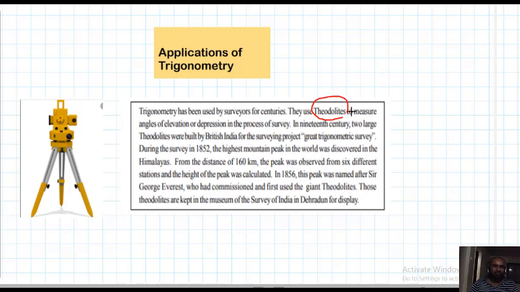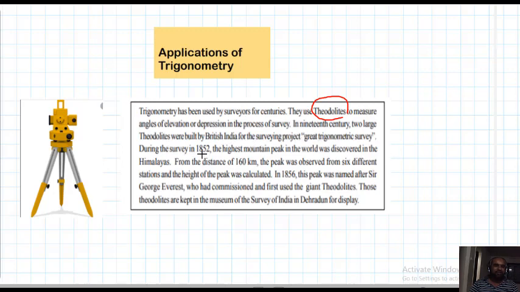Here some information is given about that instrument, its history. Trigonometry has been used by surveyors for centuries. They used theodolites to measure angle of elevation or depression in the process of survey. In the 19th century, larger theodolites were built by British India for the surveying project, the Great Trigonometrical Survey.